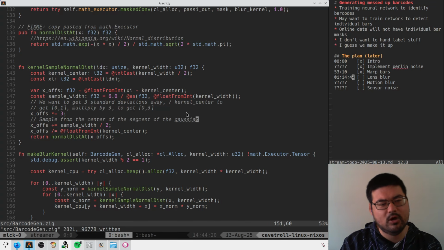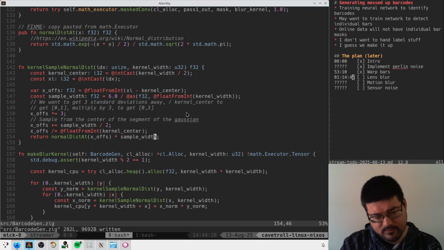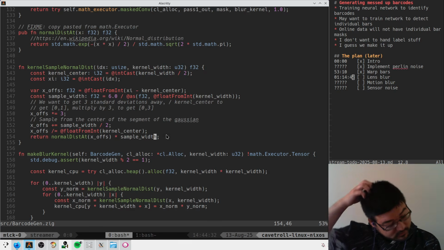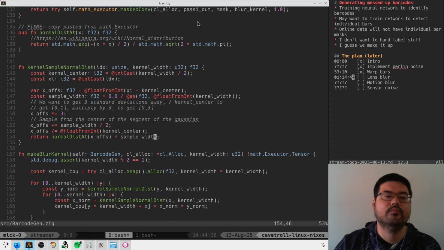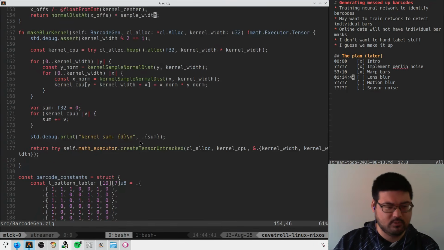And then we probably multiply by that thing as well, right? If we're trying to approximate the area under the curve. I think that's right. Why is this so hard? Can we print the kernel?